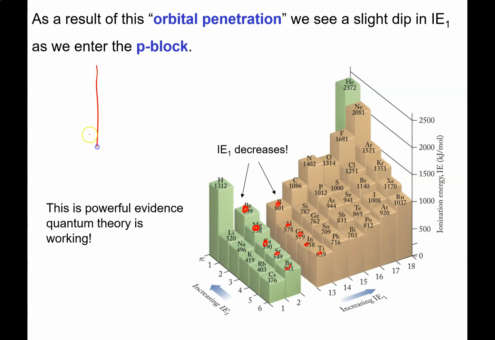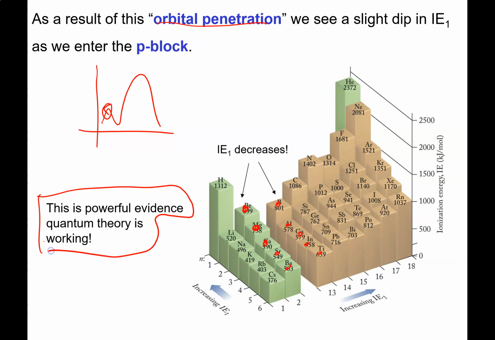We have to consider orbital penetration as well, in order to explain the complete trend. The fact that we can't explain everything on the basis of atomic radii or atomic size is powerful evidence that quantum theory is working.